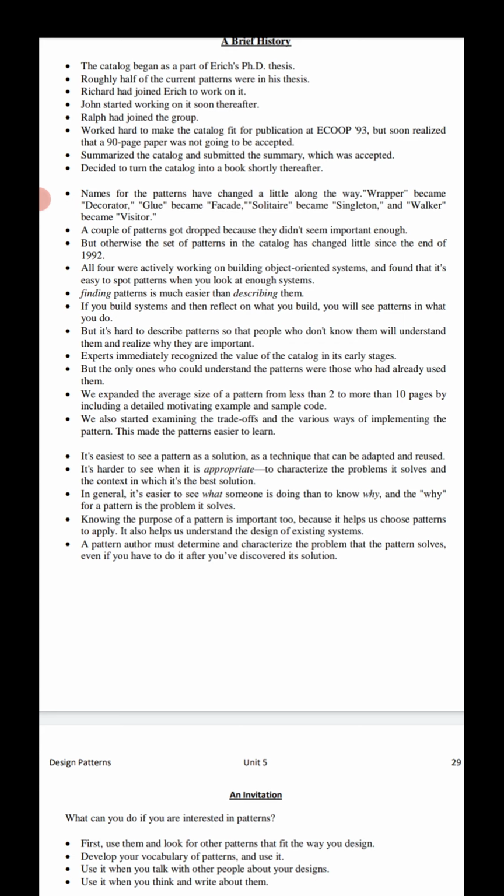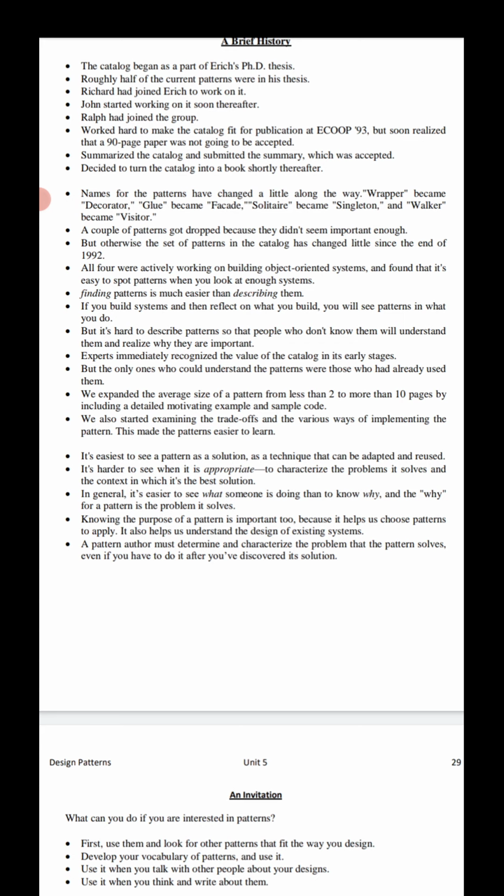There are three types of design patterns. The first is the creational design pattern, the second is the structural design pattern, and the third is the behavioral design pattern. Here Richard Gamma joined to work strongly on the creational design patterns, which deal with the object creation mechanism and initialization.